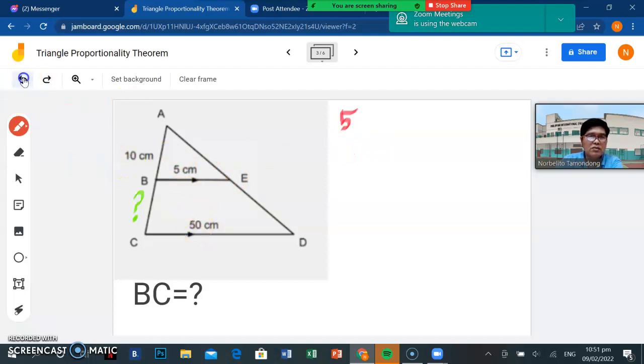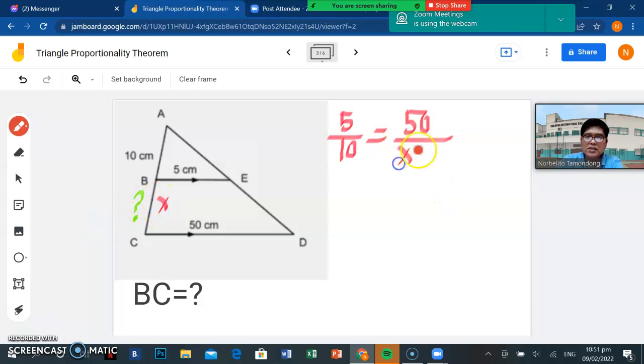So it's better we use this one: 5 to 10 is equal to 50 is to 10 plus BC. Let's say BC is equal to x.